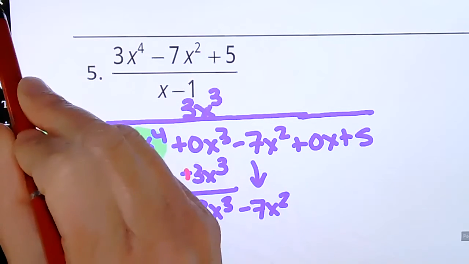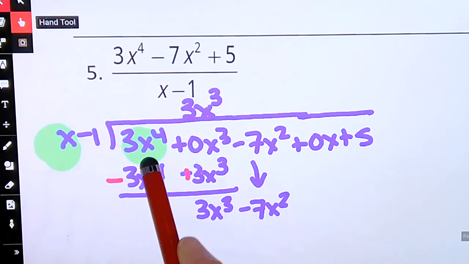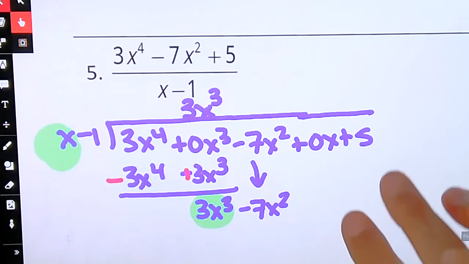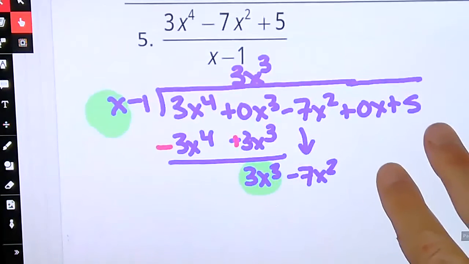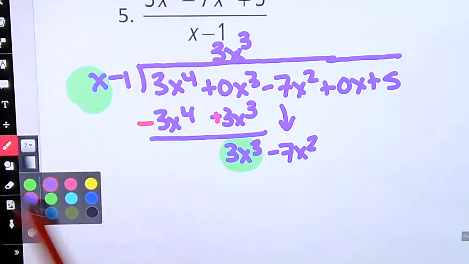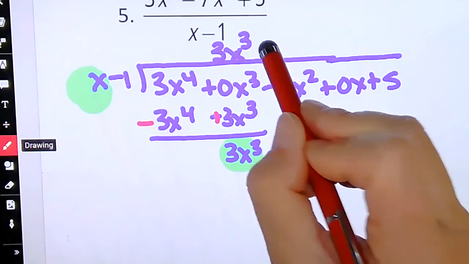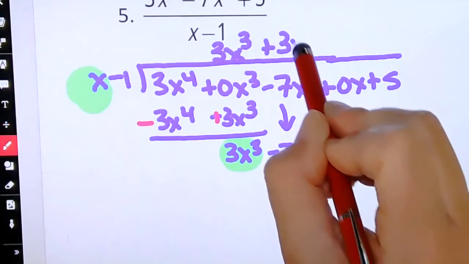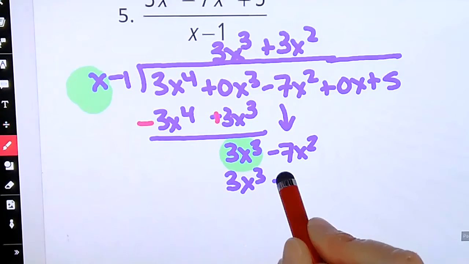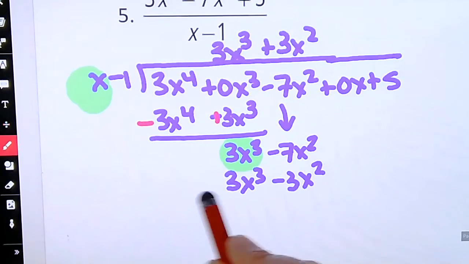And now I'm going to be focusing on the 3x to the 3rd. So let me just move this up a little bit. Okay. So x times what gets me 3x to the 3rd? So that's going to be a positive 3x squared. So that's going to be a 3x to the 3rd minus a 3x to the 2nd.